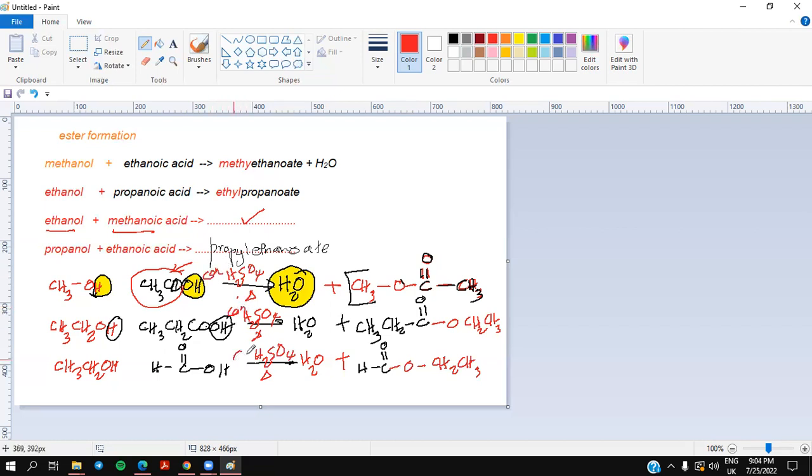Conc H2SO4. So remember, alcohols react with carboxylic acid when heated with concentrated sulfuric acid, giving ester molecules, giving out water molecules also at the same time. These are condensation reactions. Is it clear to you?